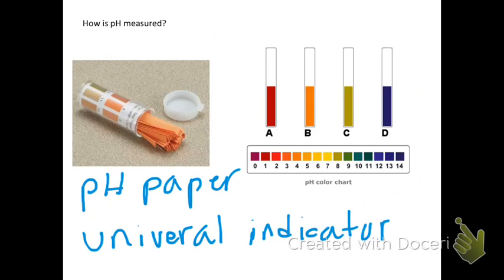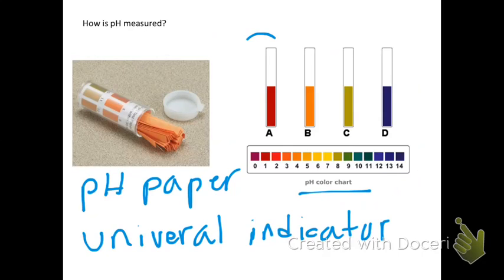Alright. And what happens is that when you use that pH paper and you put it into a solution, it changes color. And then we can use a scale to compare the color to the pH.